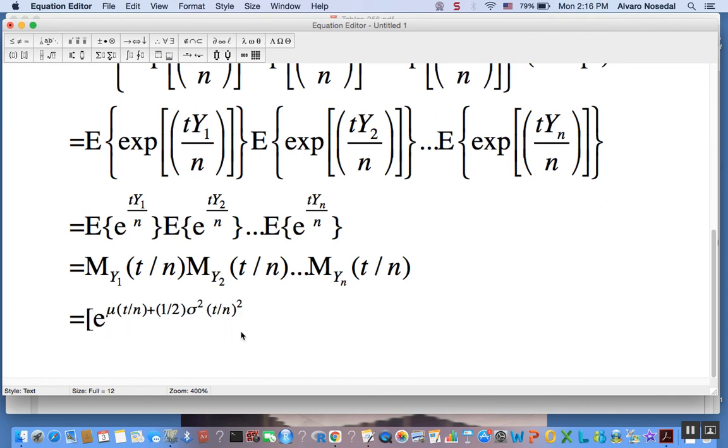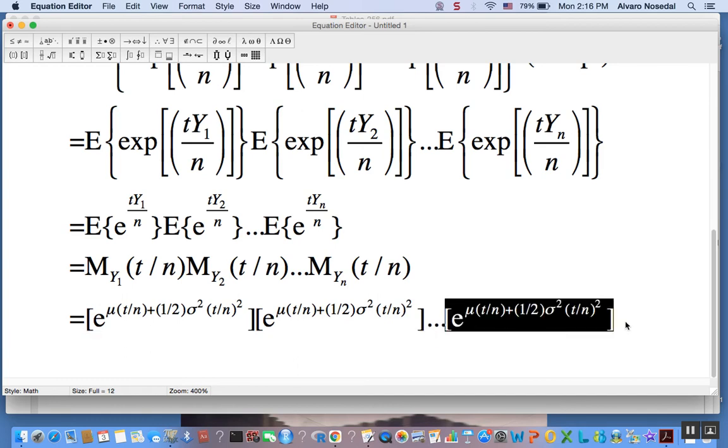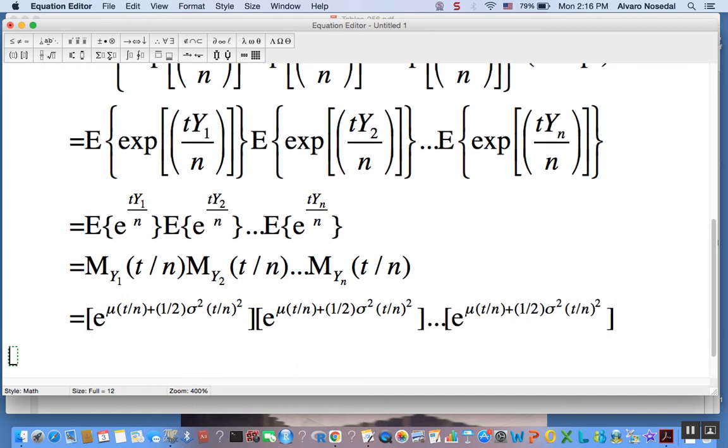And we have that n times, right? Because they have the same distribution. So we have this once, twice, n times. Okay? So now let's do the algebra. We just have to do e to the sum of these exponents, right? So let's deal with the first one. Mu times t divided by n.